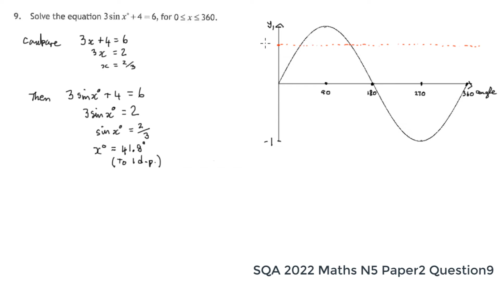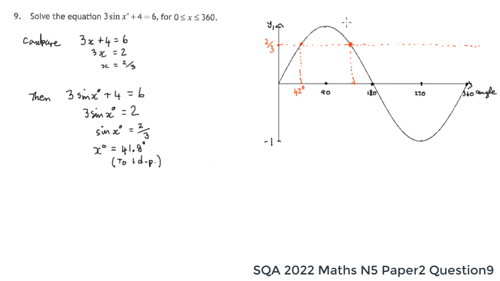So there's the 2/3 value, and we can see that yes, there is an angle that gives us that height of 2/3, and that was the 41.8. Let's just round it to 42 degrees. There's 42 degrees. Sine of 42 degrees is approximately 2/3. But look at this. There is another angle, what's called a second quadrant angle, which has a sine that's 2/3.